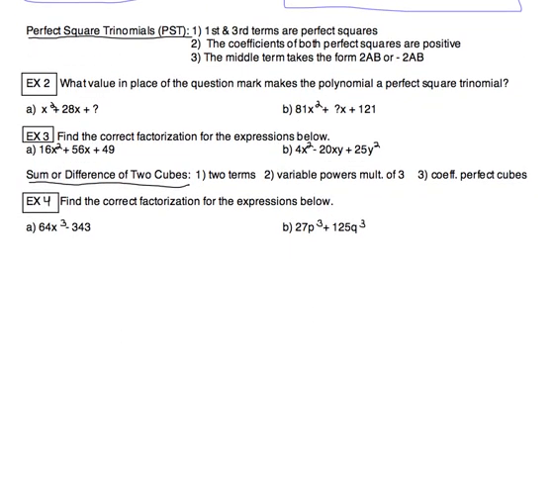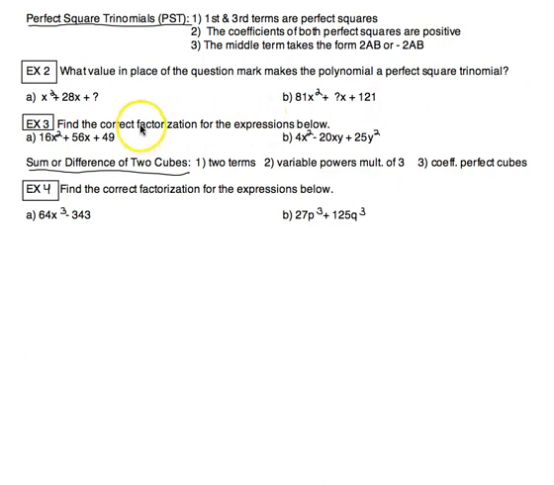Now we're going to go on and look at the perfect square trinomials, which we often nickname as PSTs. In order to be a PST, the first and third terms have to be perfect squares. Notice it says first and third in the name here. We don't have it in the checklist because it's in the name. In order to be a PST, it has to be a trinomial, so three terms, and the first and third have to be perfect squares.